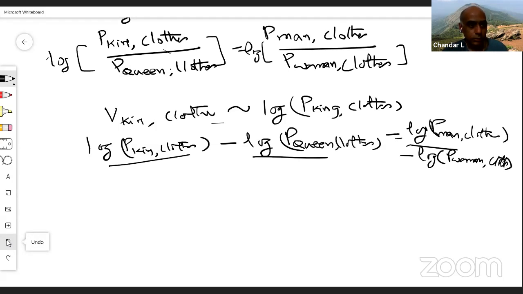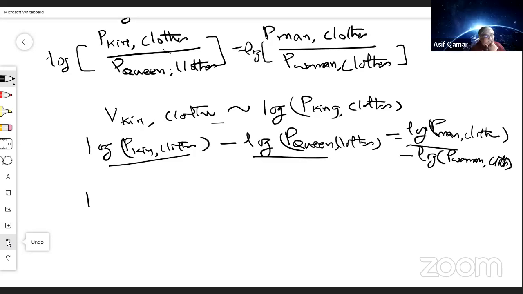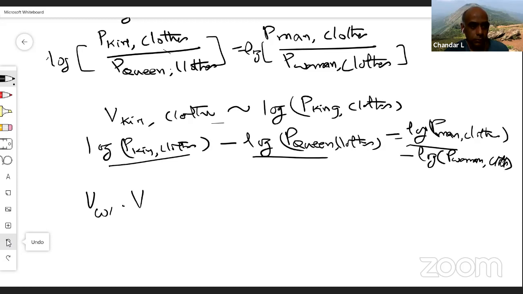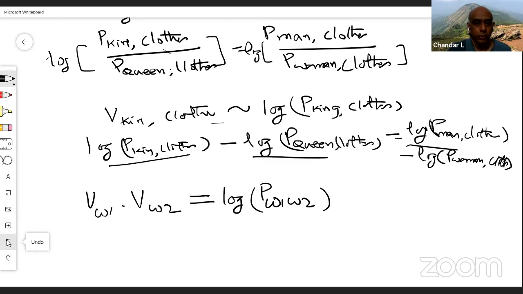So what I want to say is that v of word 1 dotted with v of word 2 is in some sense equal to the logarithm of P(word 1, word 2). If this were true, then obviously everything else follows. So if we can come up with a vector which follows this, we end up having the GloVe embedding.